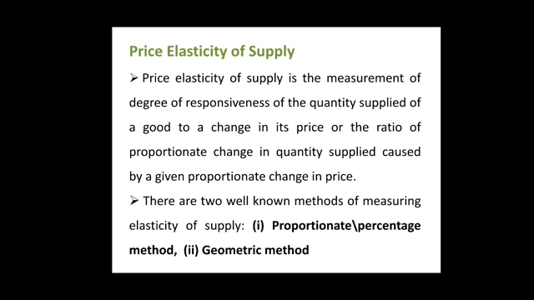First method is proportionate or percentage method, which we will discuss in this lecture. And the second method is geometric method, which is also known as point method of measuring price elasticity of supply, which we will discuss in our next lecture.